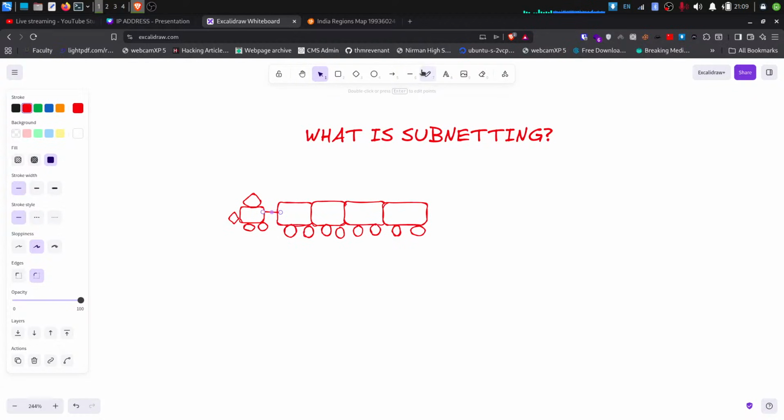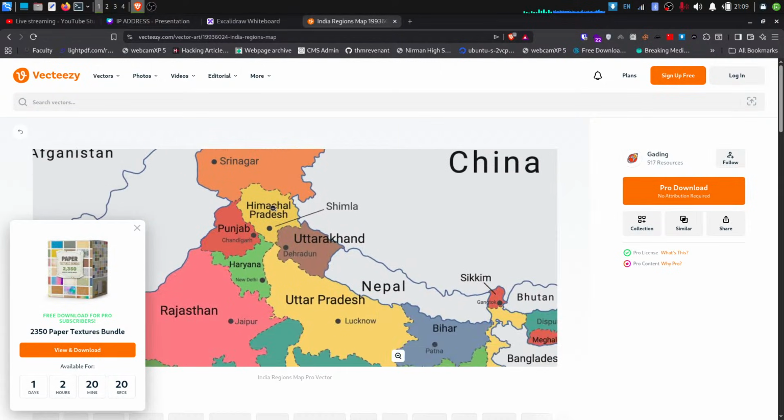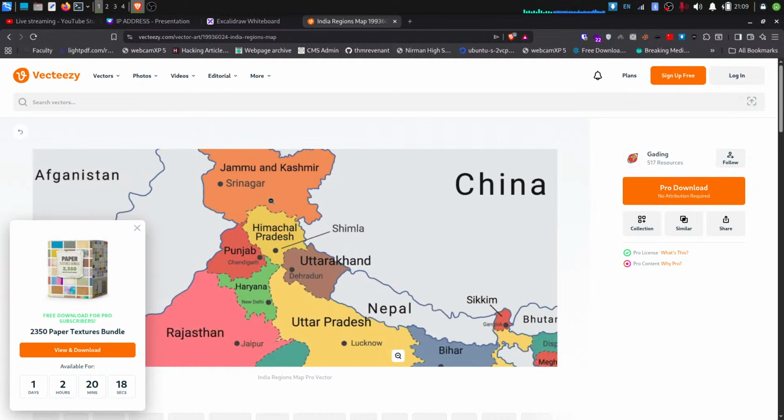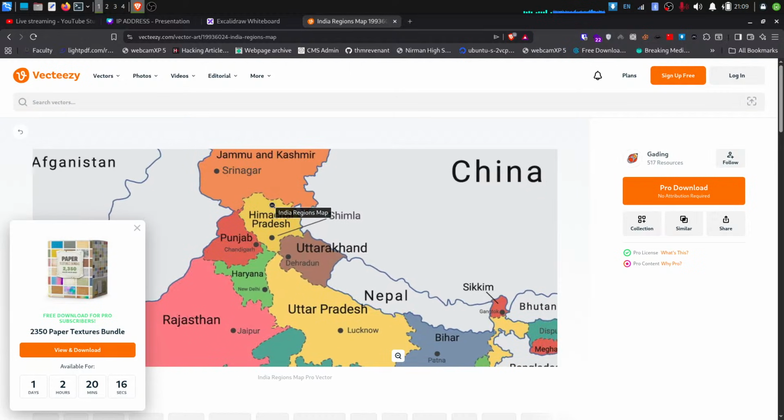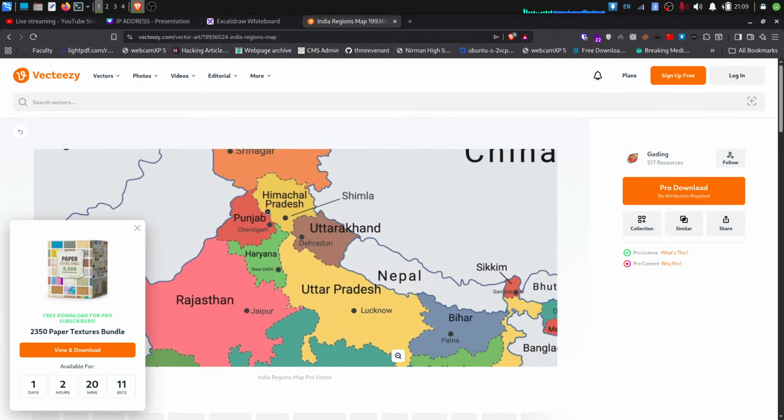Now, how many states do we have? It starts with, for example, HP, Punjab, Haryana, and Rajasthan.